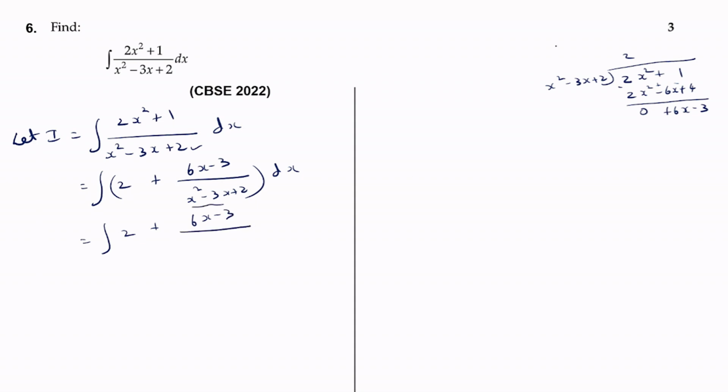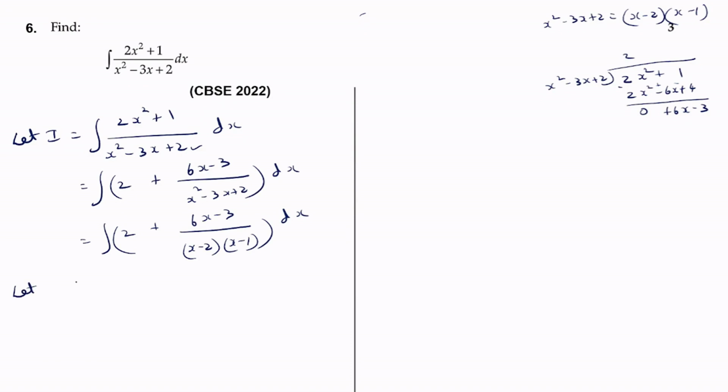So this is integral 2 plus (6x minus 3) upon, this we can factorize. X square minus 3x plus 2, it is (x minus 2) into (x minus 1), upon (x minus 2) into (x minus 1) into dx. Now we can find integral 2 dx easily, but to integrate this we have to use partial fractions.